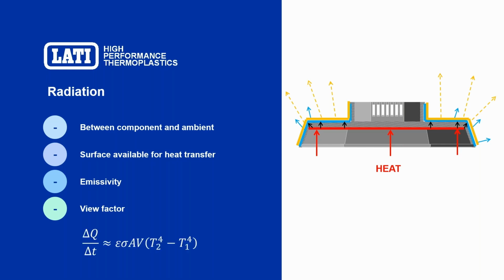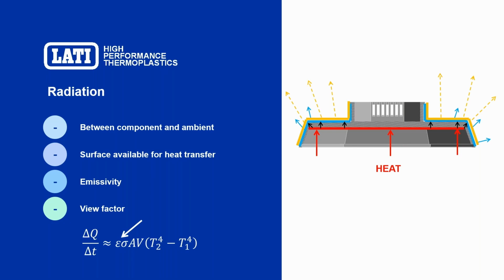This is the formula which describes radiation. We see that emissivity is epsilon in this formula. The emissivity depends on the color and on the surface finish. Then there is also A, which is again the surface, and B, which is the geometric factor.